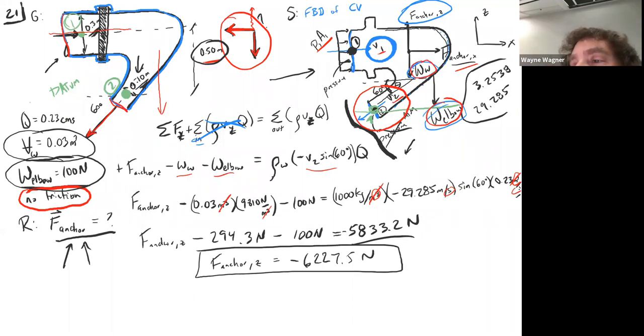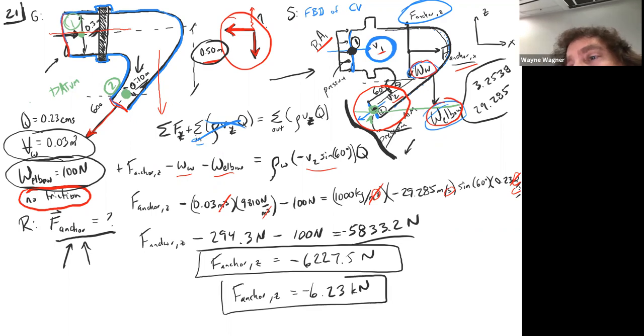So then F anchor Z equals negative 6.23 kilonewtons. Okay, and I don't remember what F anchor X was. We're out of time, so we'll stop it there.